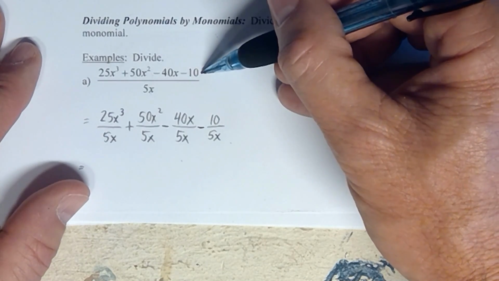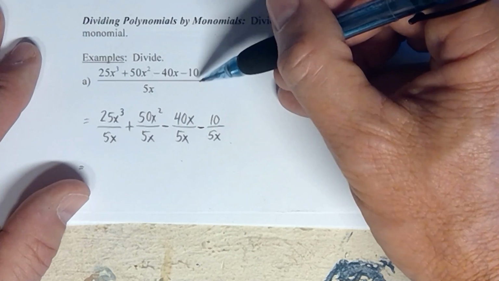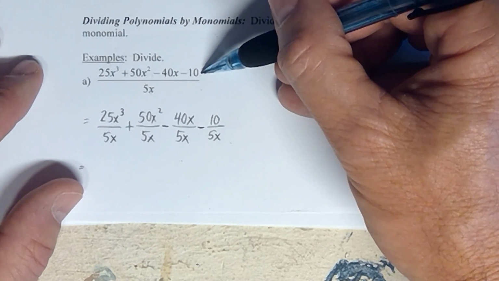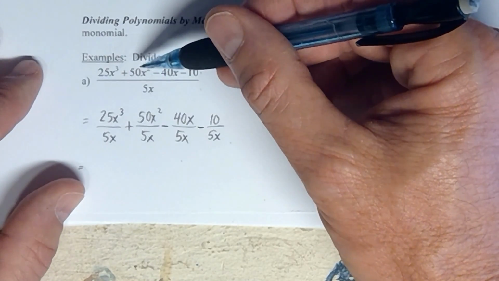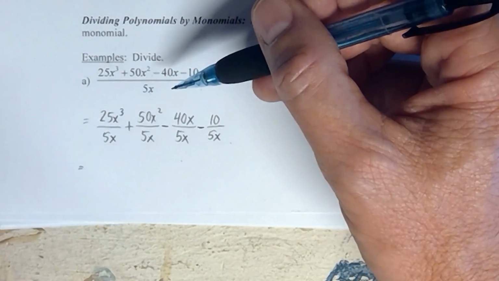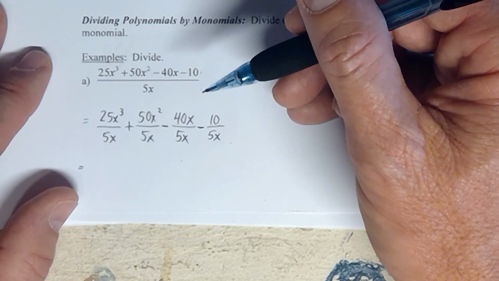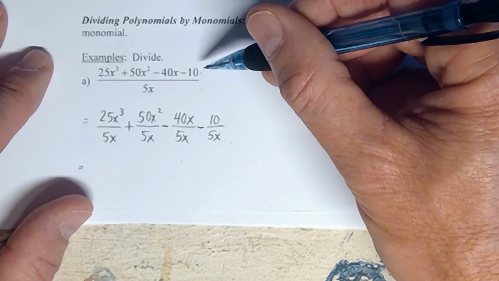But if you've got just a polynomial on the top and the bottom, and either the top or the bottom is more than one term, do not cancel. Do not cancel the 25 and the 5. Don't try to reduce the 50 and the 5. That's what I'm talking about here. When I say cancel, I'm talking about reducing into lowest terms. But notice that I said that if the top or bottom has more than one term.